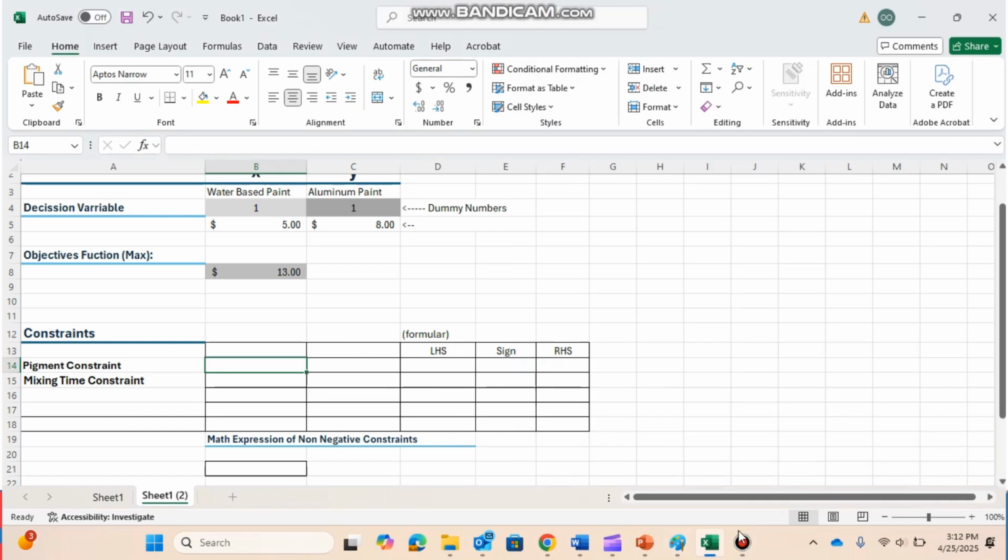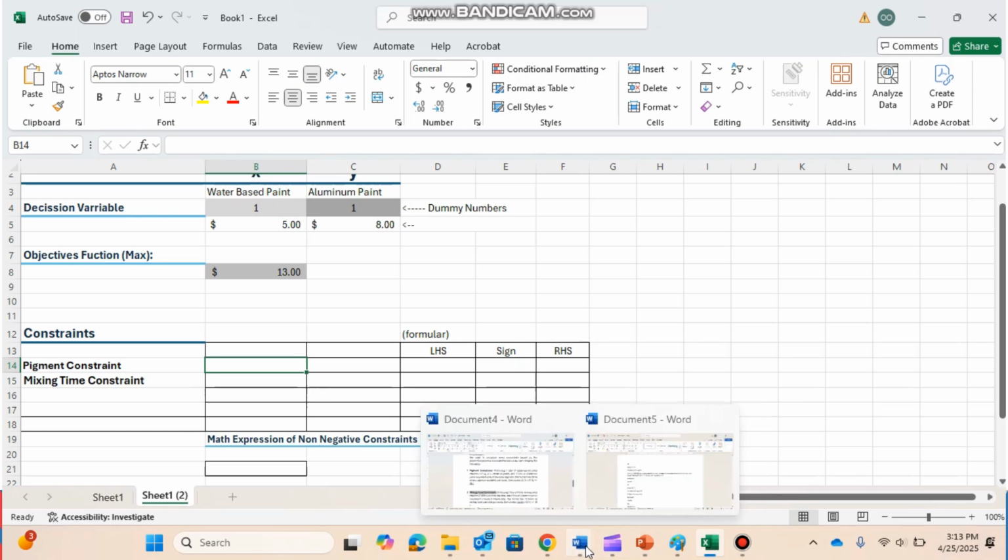Okay, now we have to proceed. Now we want to put in all the constraints from our constraint component.